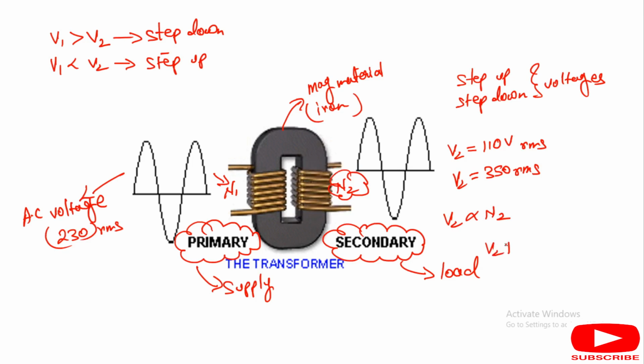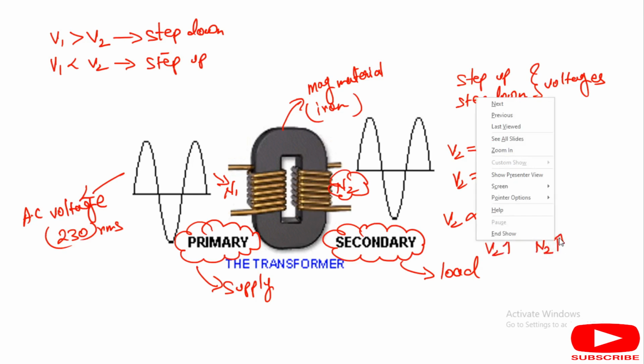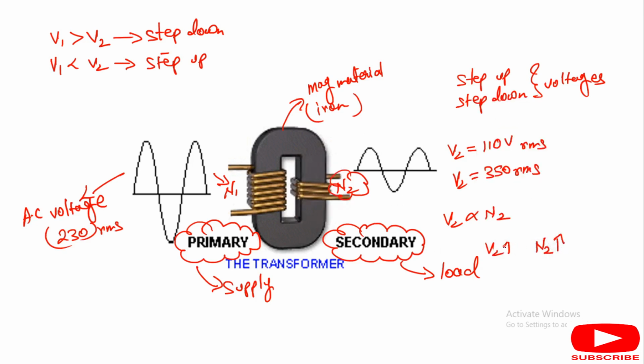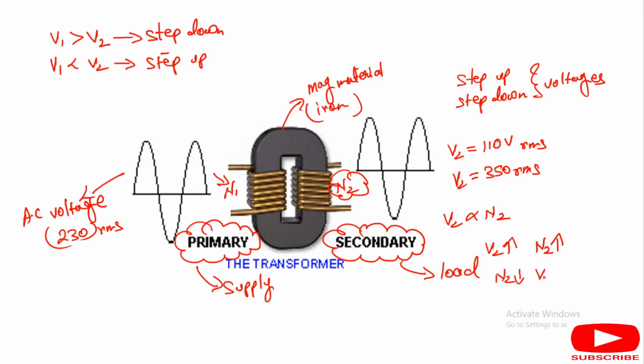When the number of turns of the secondary coil increases, its voltage level also increases. When the number of turns of the secondary coil decreases, the secondary side voltage level also decreases.